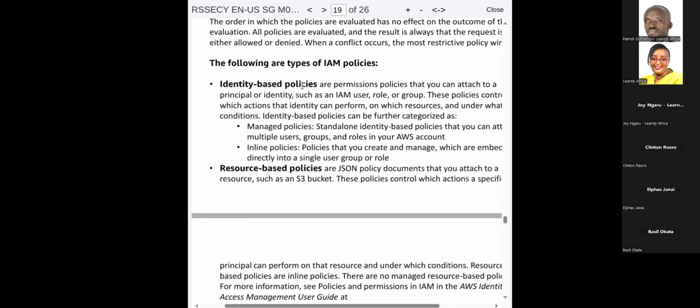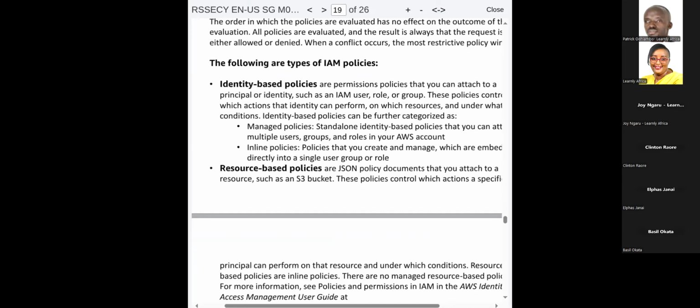All right, there are different types of policies. We have identity-based policies. These are attached to IAM identities, like the IAM users, groups, and roles to control access.